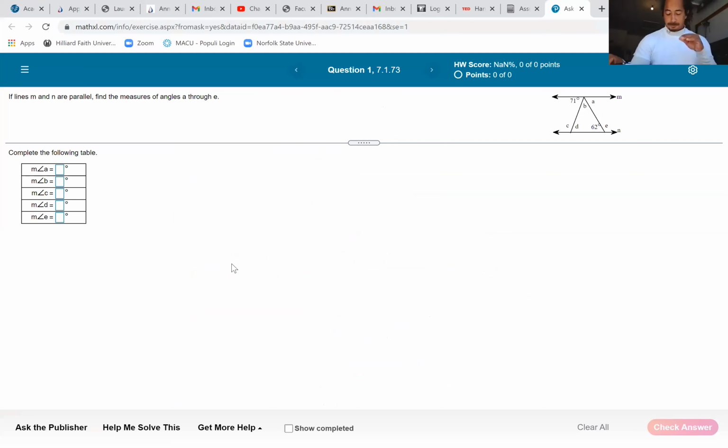Here's the problem you sent me. Is this what you want to see? Most definitely. Let me take a picture and go to the notes.